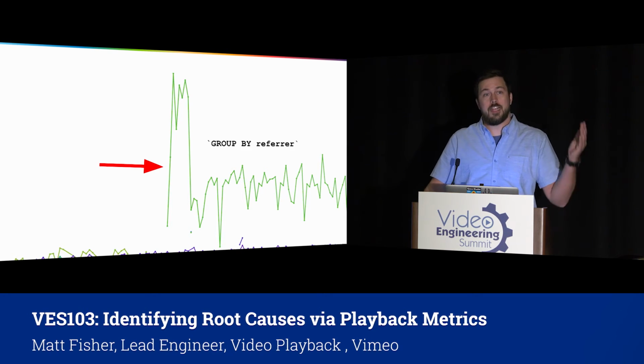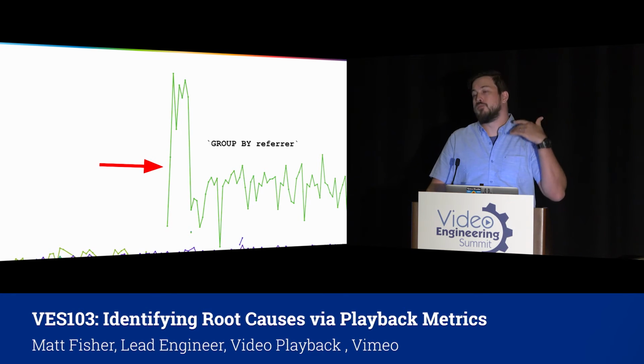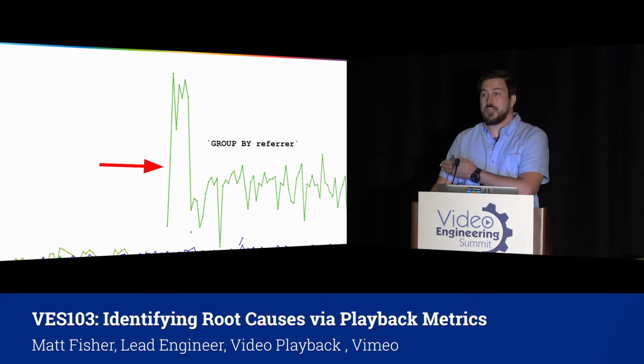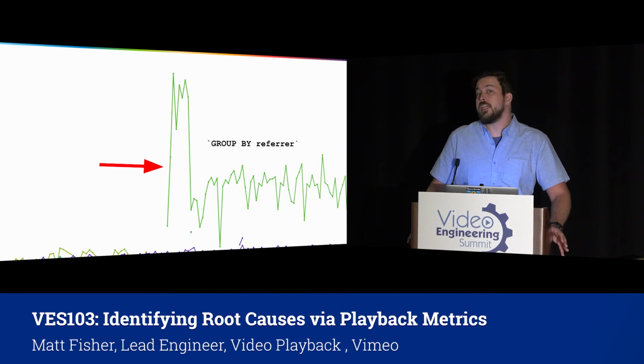And looking at our historical trends, seeing an abrupt change that wasn't related to a release of our player or any releases of our code, which would hopefully be annotated over top of the graph itself, would give us the idea that maybe this wasn't related to anything that we did.